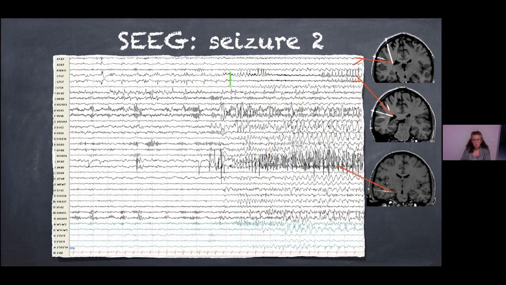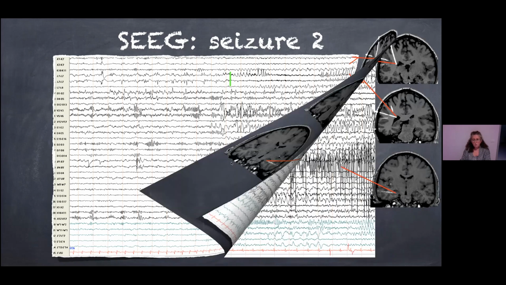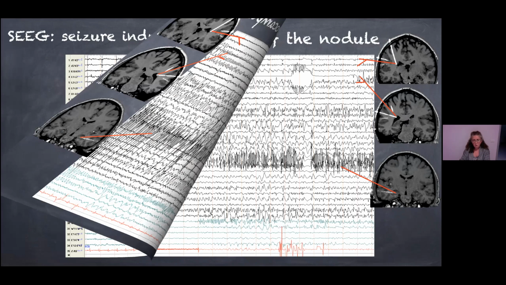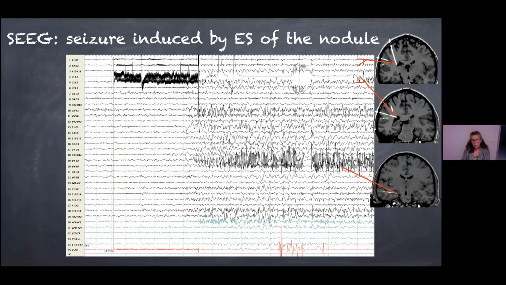In this second seizure, it was really difficult to understand whether the seizure starts in the nodule or in the hippocampal formation first. We were able to induce the seizure by electrical stimulation with the electrodes in the hippocampus, and we registered the activity suddenly in the nodule, and we were able to do the same the other way around, stimulating the nodule.